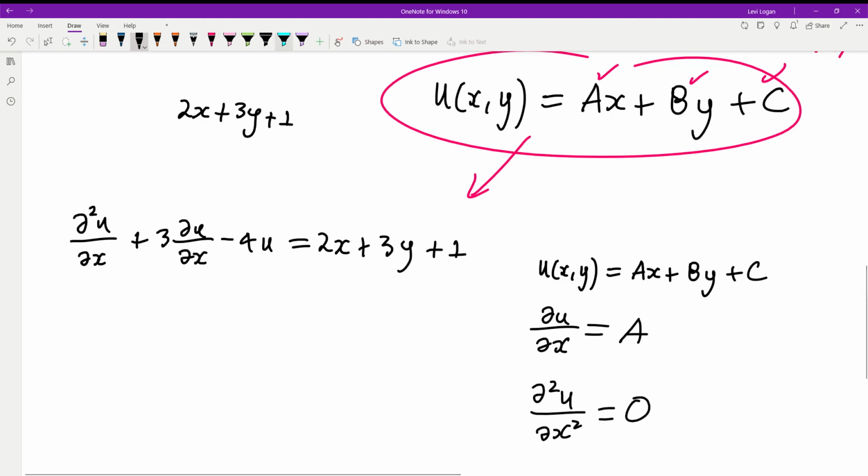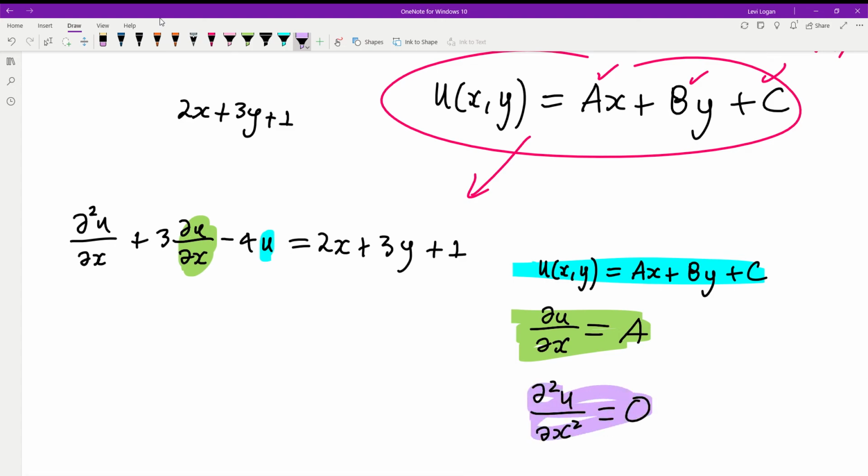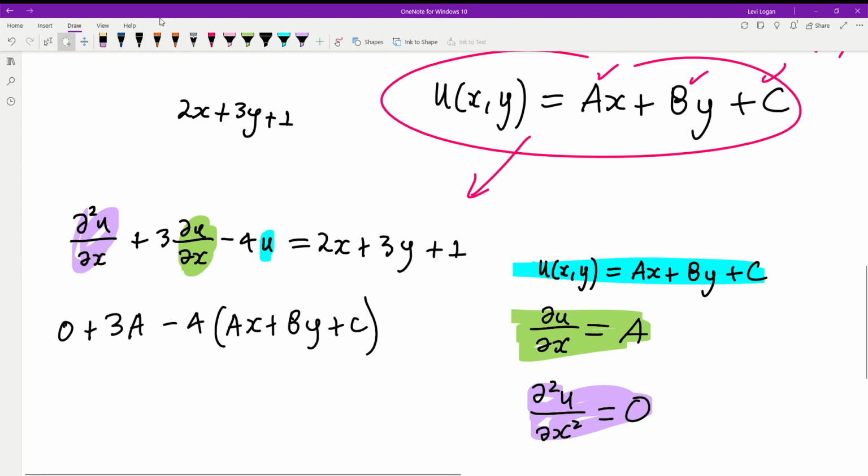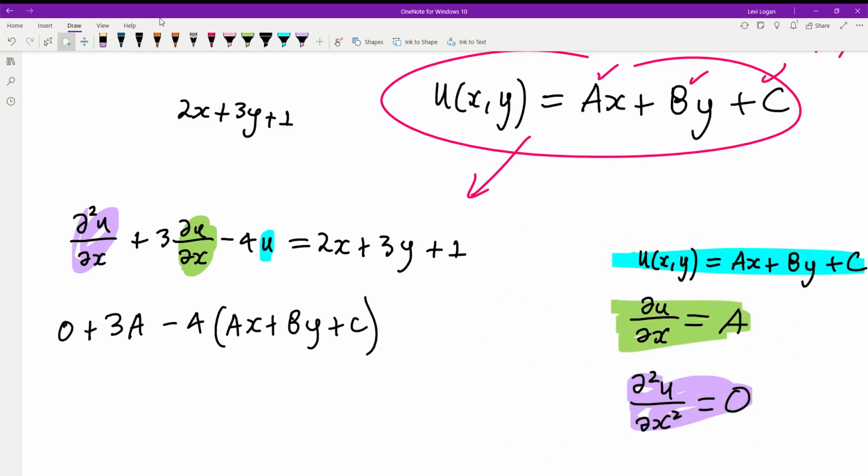So subbing this in is going to be quite nice. That goes in there, this goes in there, and this goes in there. So what we're left with is 0 plus 3a minus 4 times (ax plus by plus c), and this is equal to the right hand side, 2x plus 3y plus 1.